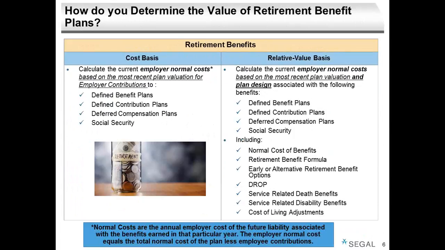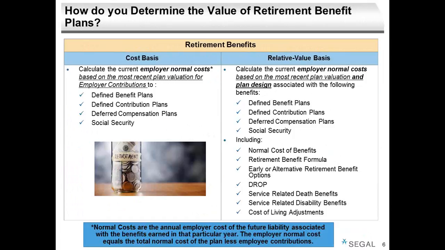Similarly, on the retirement side, we're calculating on the cost side the employer normal cost. And I think for many of you on the call today, the reason we're using the employer normal cost is that it's really looking at a kind of stable basis for comparing costs from one employer plan to another.